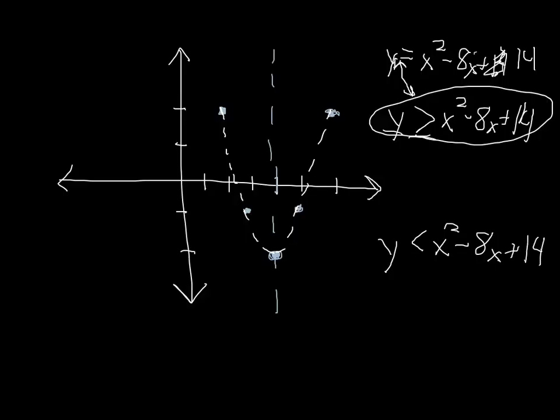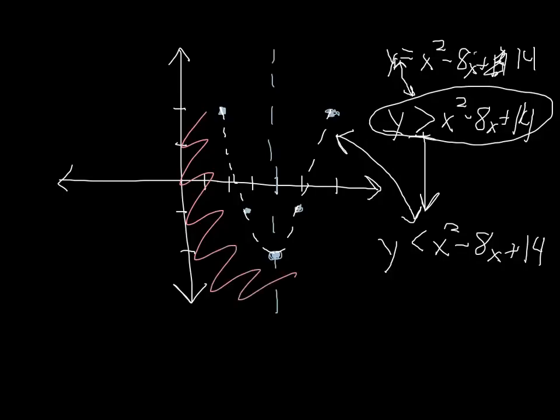Now in this case, I still have the dotted line, because this is an inequality. There's no equal sign going on here. But now, instead of being greater than, I'm now less than. So I want to shade in the areas that are underneath this graph, the areas that are down here. Okay? So that's how you figure out what the graph should look like.